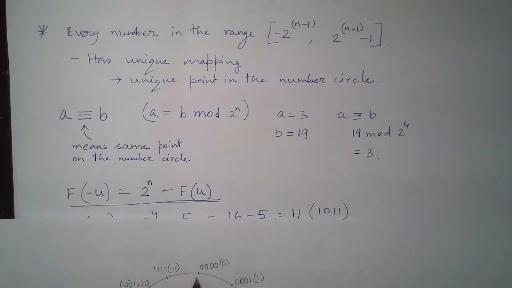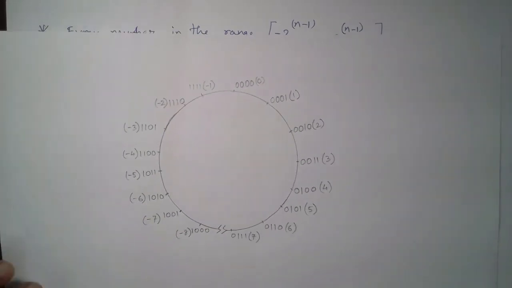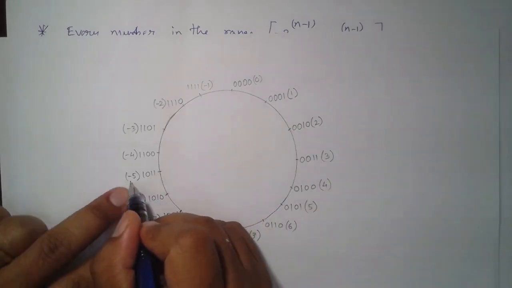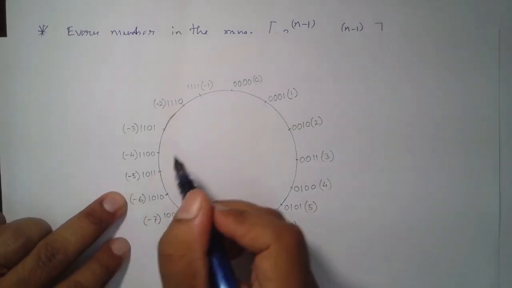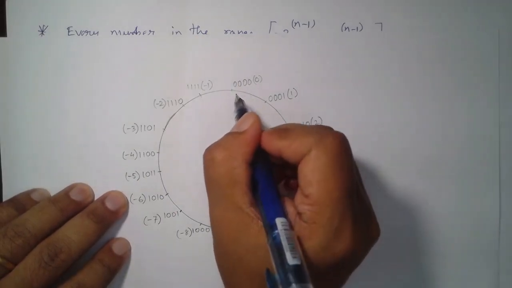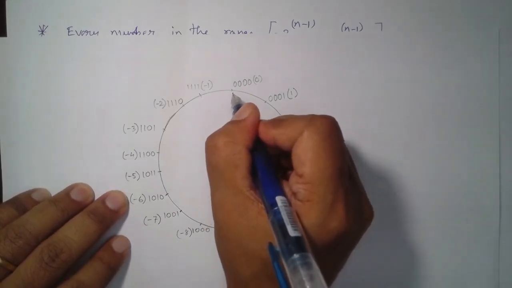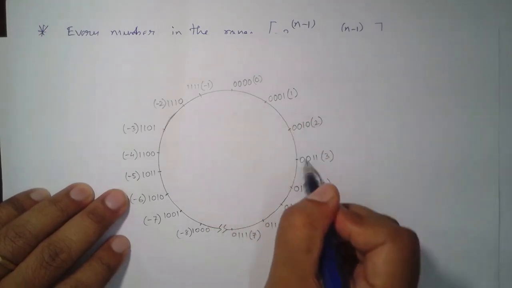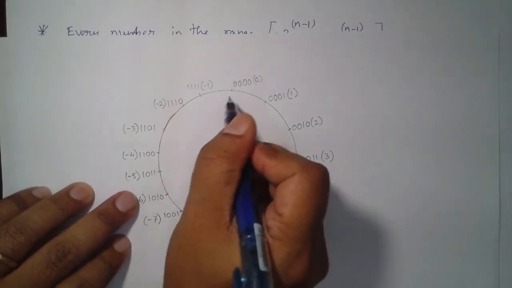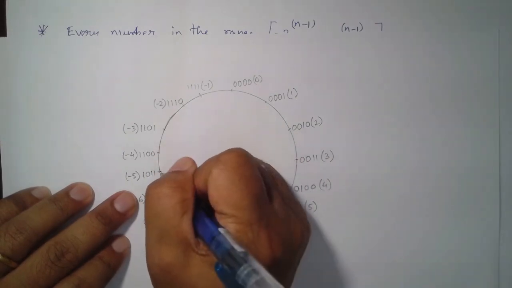So if I want to represent minus 5, I can start from 0 and move 2 to the power 4 minus 5 steps, that means 11 steps clockwise, or I can reach the same spot by moving counterclockwise 5 steps.